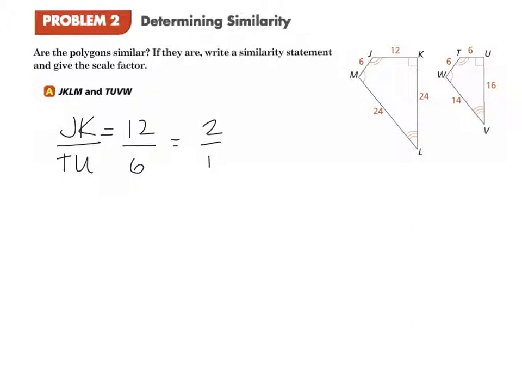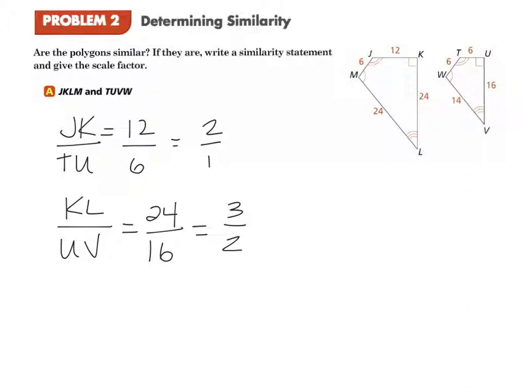Next, let's look at KL, and that corresponds to UV. KL is 24, UV is 16. When I simplify that, I get 3 to 2. And I'm going to stop right there because I can see that these are not similar because they don't have the same scale factor. I could go on and find the scale factor for the other sides, but I know that since it's not the same, these aren't similar figures.